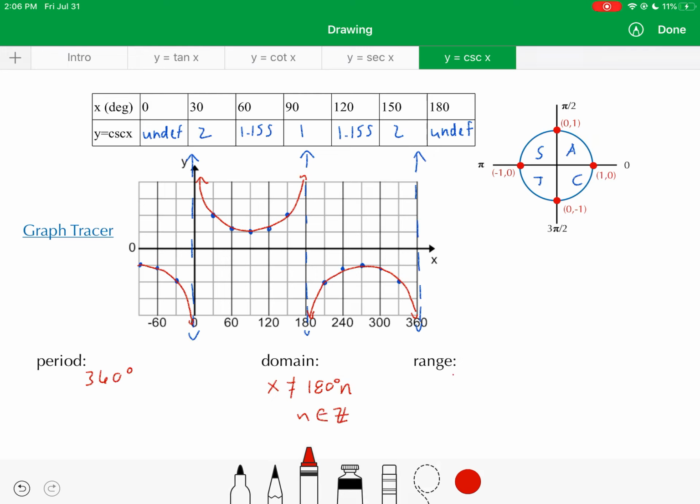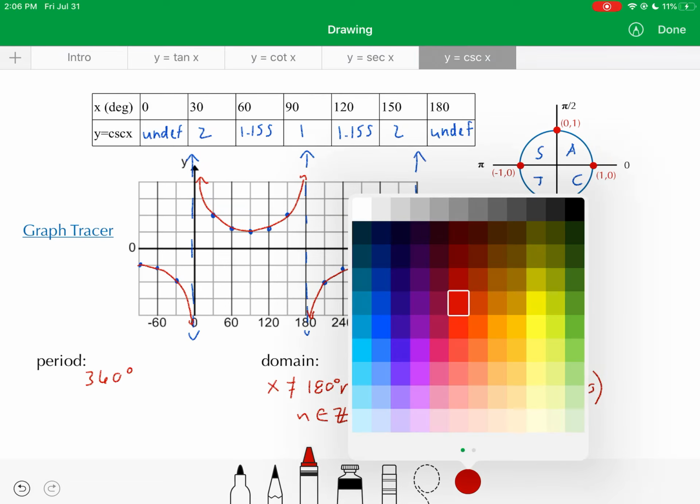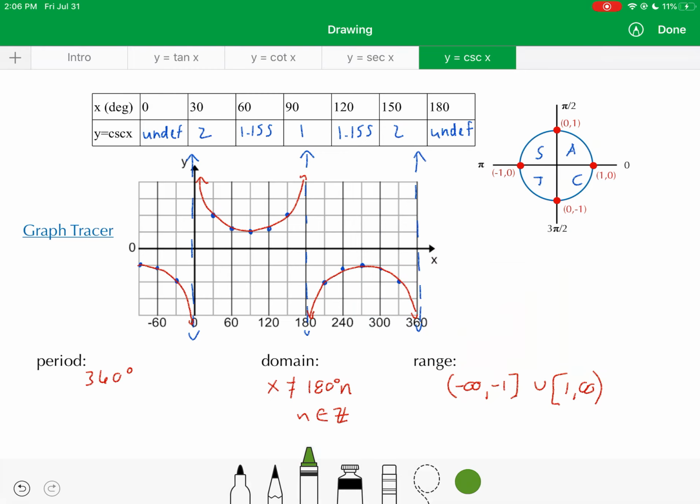And then your range, anything smaller than negative 1 or larger than positive 1. Okay. And cosecant is the reciprocal of sine, right? Notice if I graph the sine function here, it fits quite nicely within this cosecant function.